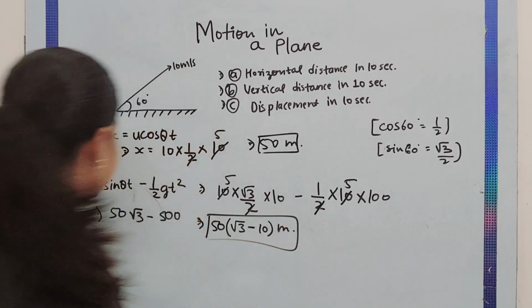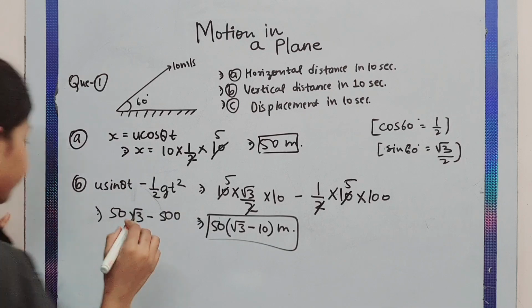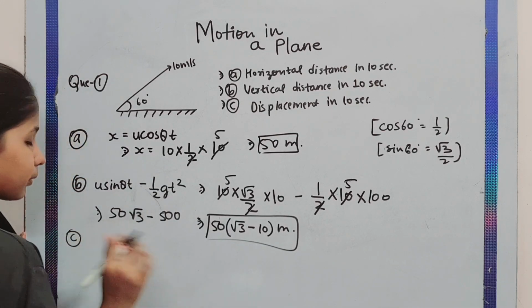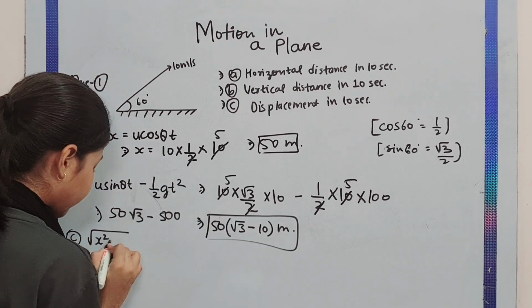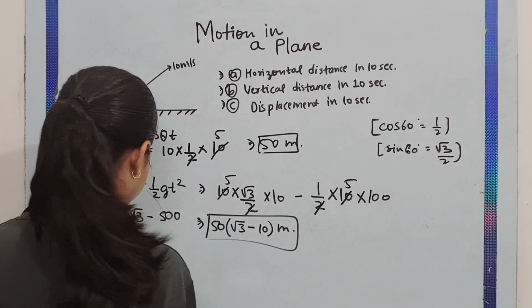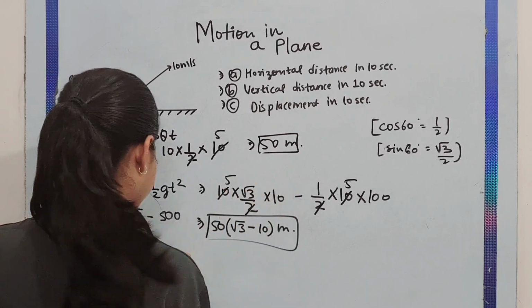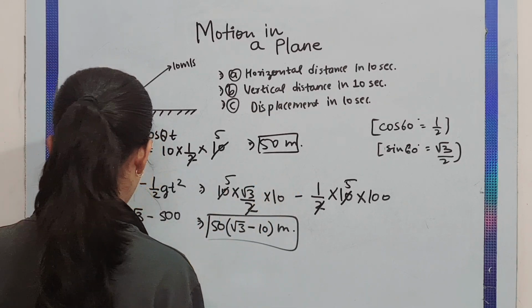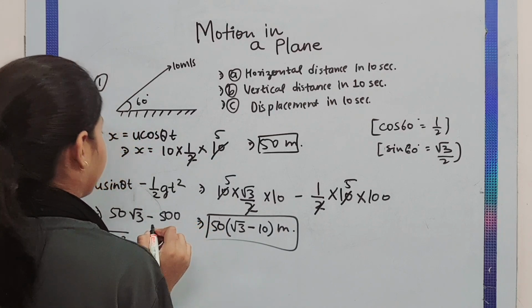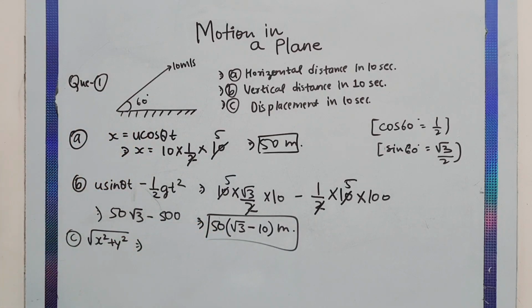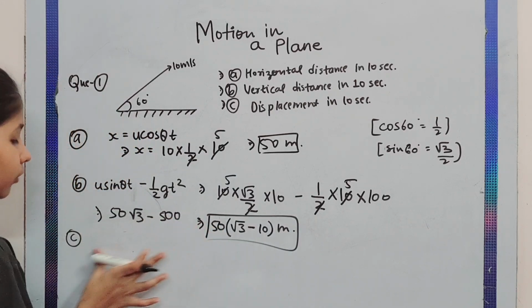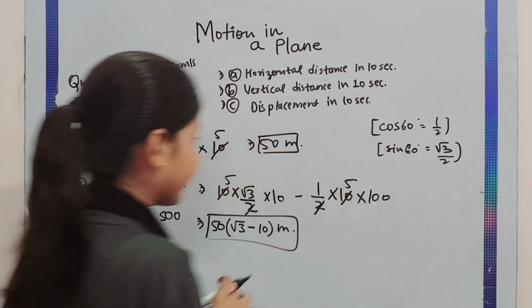Second question done. And the third will be a little bit different. The formula for it is under root of x square plus y square, so we can put the value. What is the net displacement here? Displacement in 10 seconds.